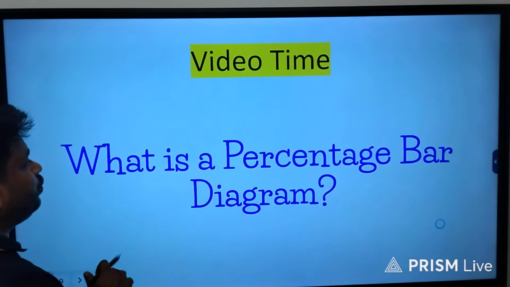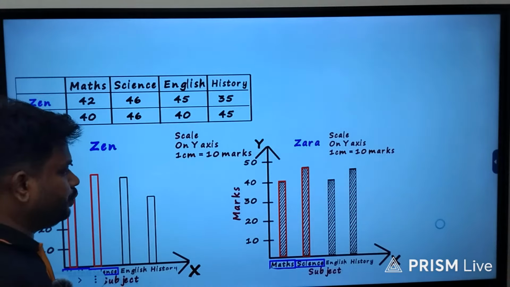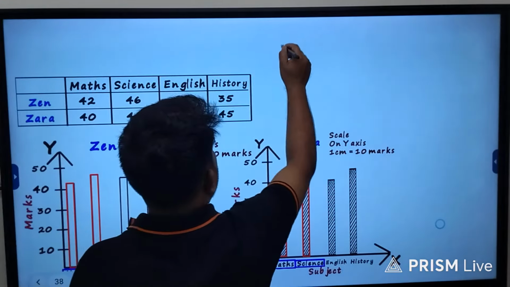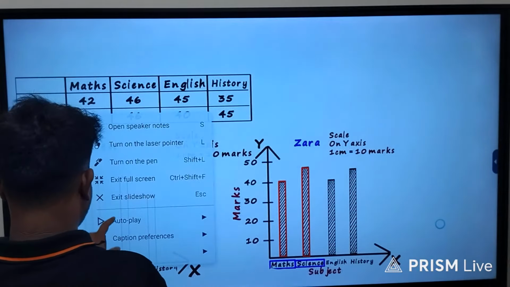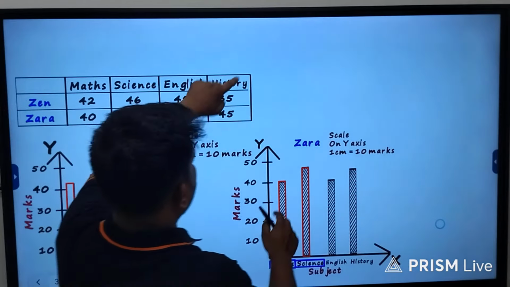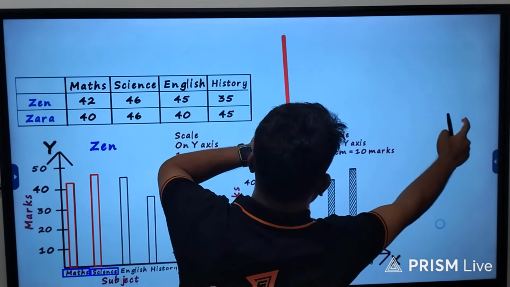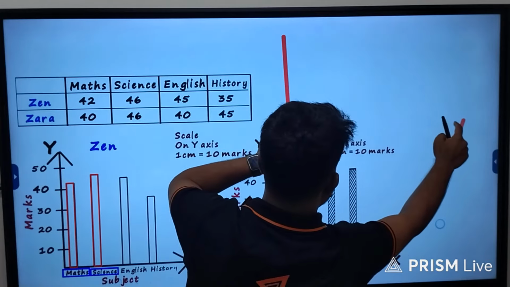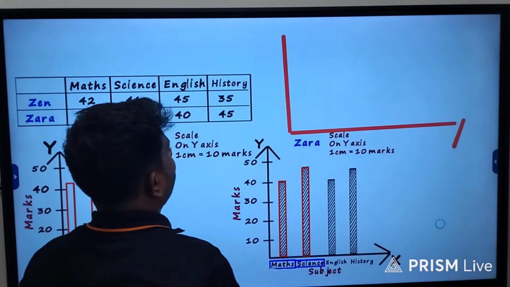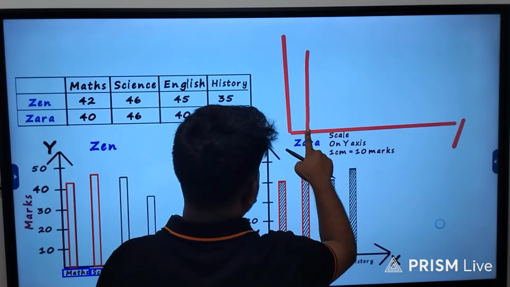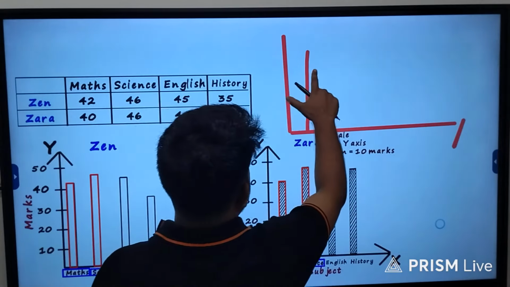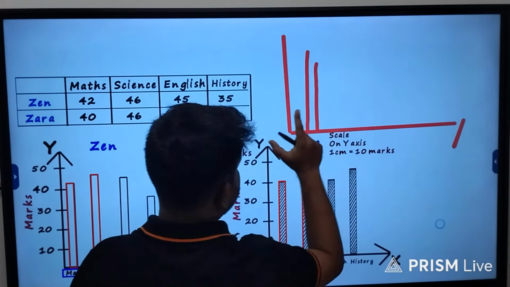Instead of drawing two different bar graphs, we can draw a graph which will look like this, where one bar represents Zen and the other bar represents Zara.